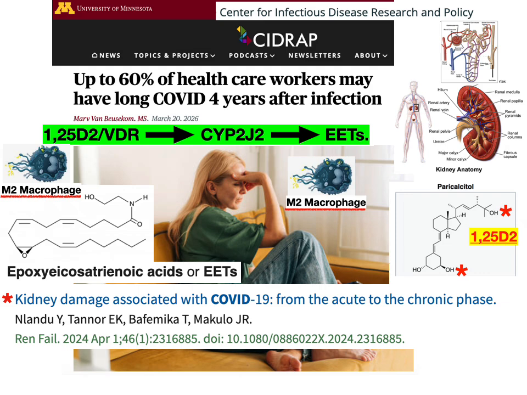And so paricalcitol has a long history of being a renoprotective agent and an agent that can also suppress ongoing renal inflammation. How bad is the damage that's being done to the kidneys? Here are some key references. Paper from 2024: Kidney damage associated with COVID-19, from the acute to the chronic phase.